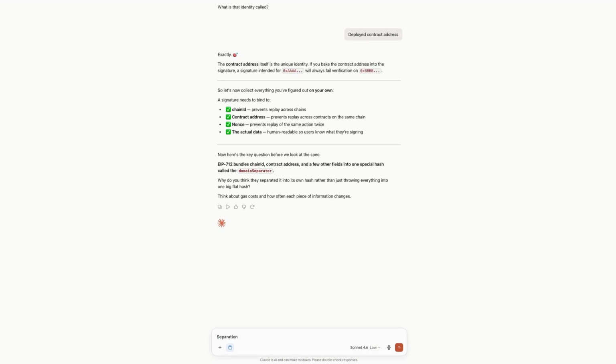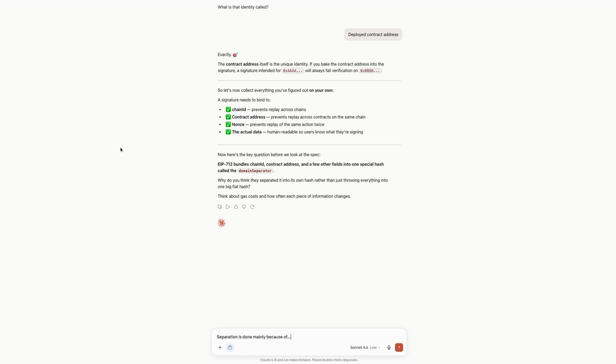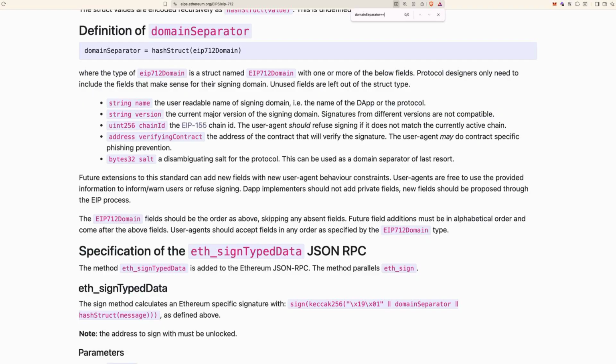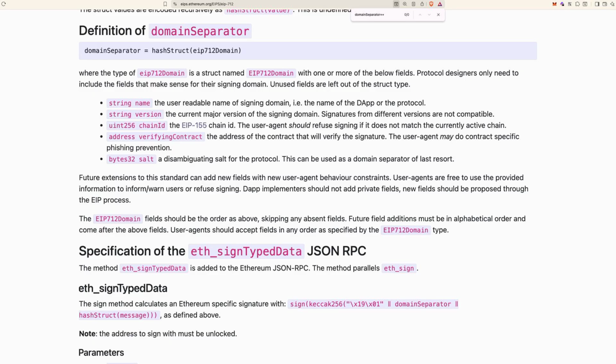Separation is done mainly to increase readability when the user signs a message, because it includes fields such as name, version, chain ID, verifying contract, and so on.